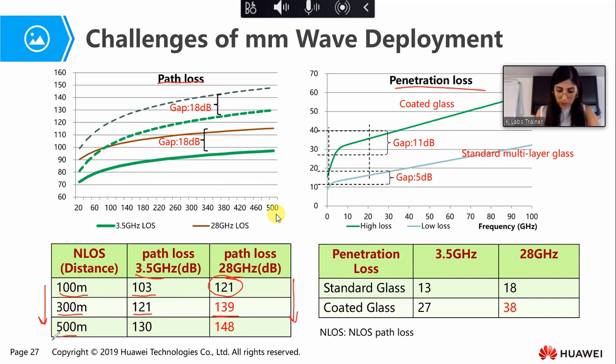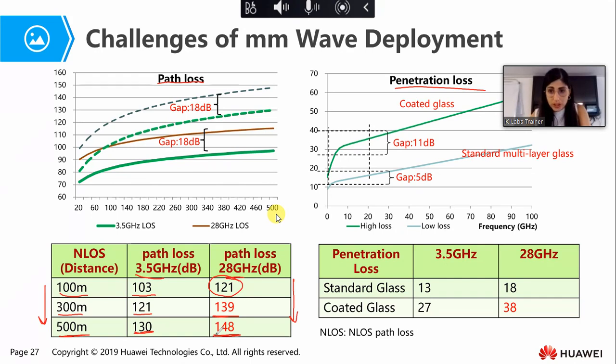So at 500 meters of distance, the path loss at 3.5 gigahertz is 130 dB. And the path loss at 28 gigahertz is 148 dB. This is for the path loss.